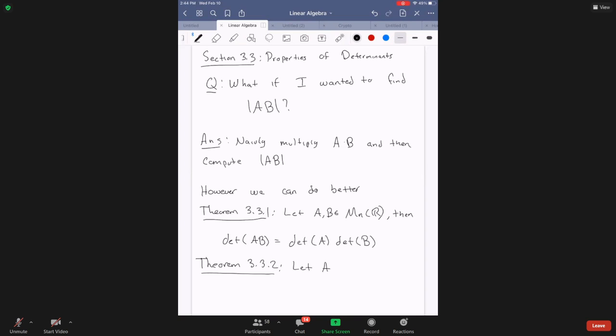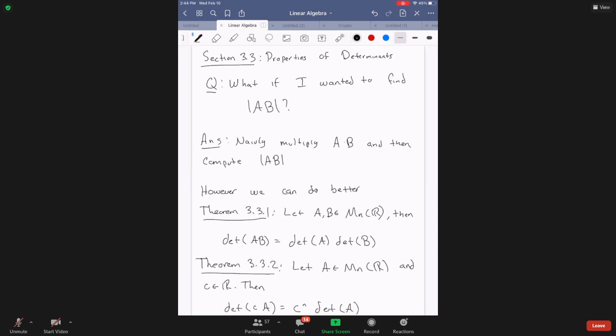Let A be a square n by n matrix and C be a real number. Then the determinant of C times A is equal to C to the n power times the determinant of A. How you can show this is actually pretty simple.